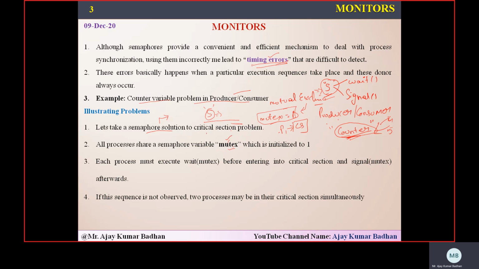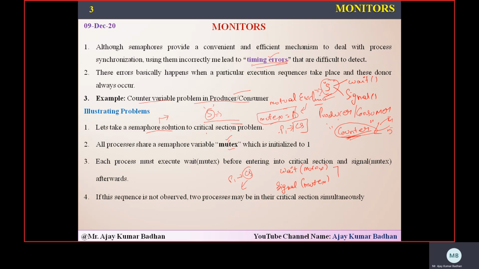Whenever a process wants to enter the critical section, it has to execute two operations or functions. The first one, when the process wants to enter the critical section, is the wait operation, wait of mutex. And once it completes executing in the critical section, when it is coming out, it should execute signal of mutex.